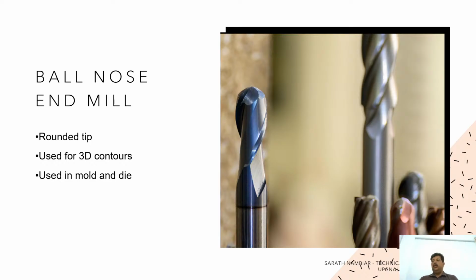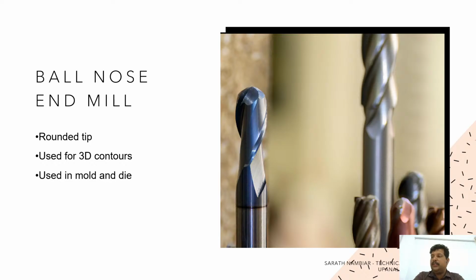Ball nose end mill, what do we use it for? This is a very interesting tool. Instead of a flat tip, as you can see on the screen, it has a rounded edge. Why is this useful? Imagine you are machining a curved surface like a mold or a 3D shape. If you use a flat tool, it will leave steps and you can get an uneven surface.